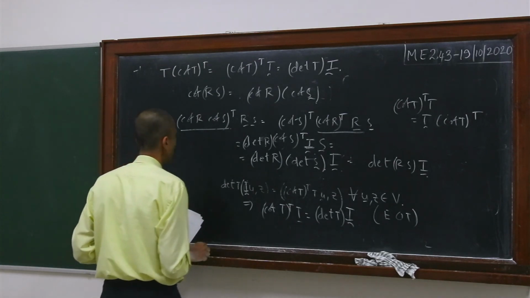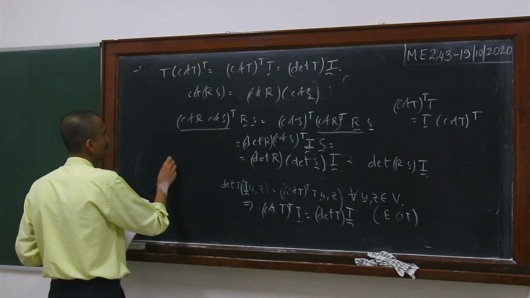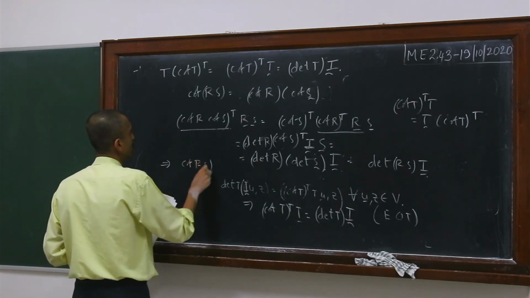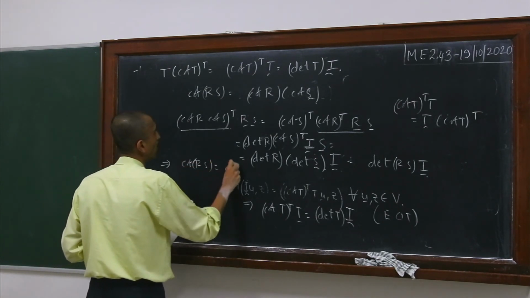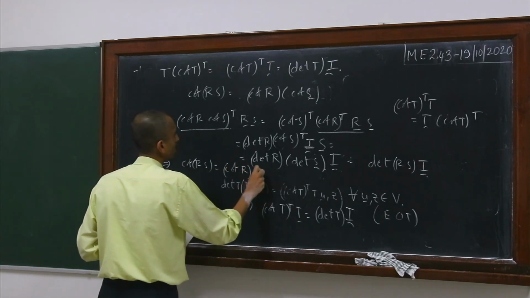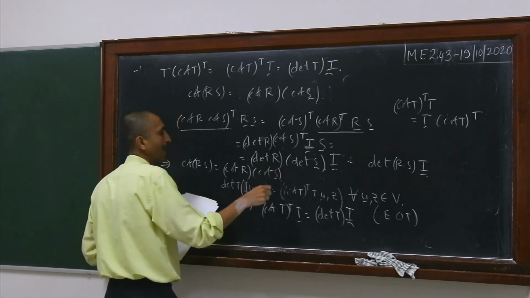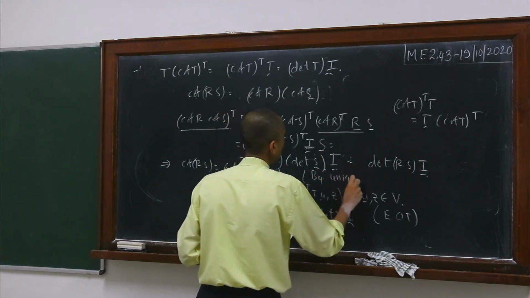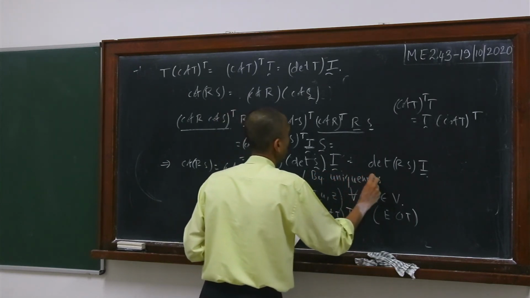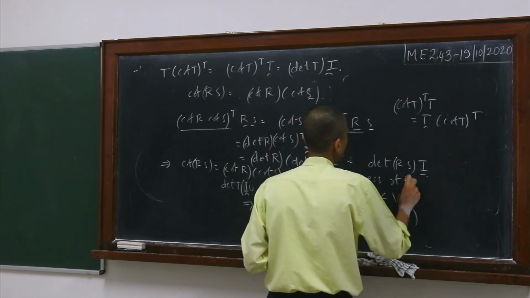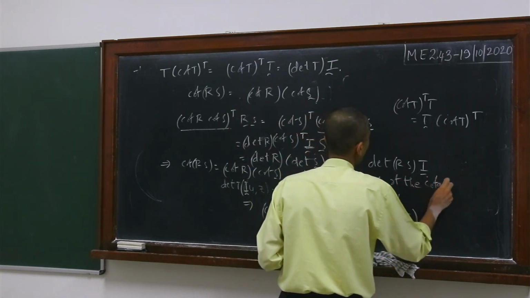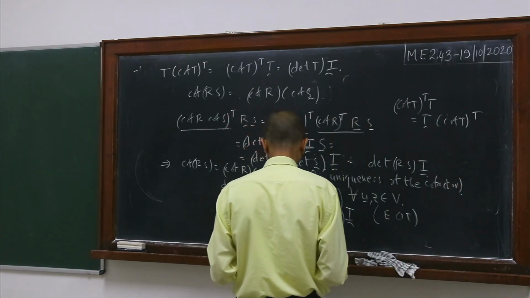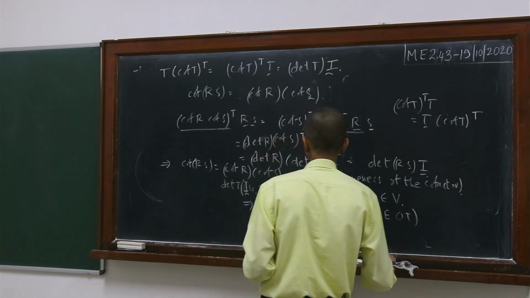This implies that cofactor RS is equal to cofactor R times cofactor of S, by uniqueness of the cofactor. Okay, so that completes this particular property also.